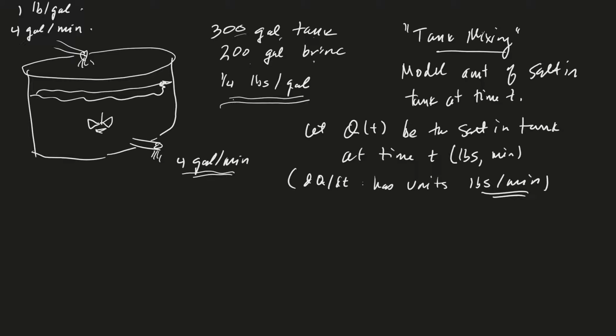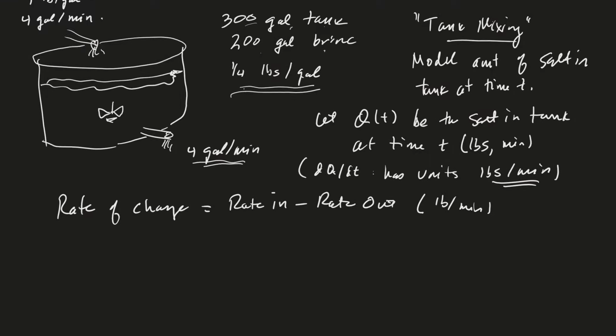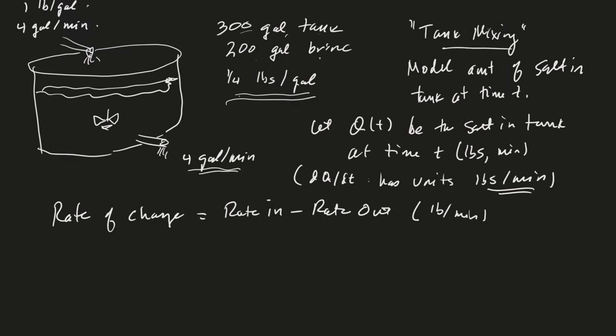The way the salt changes is pretty common: the rate of change overall is going to be equal to the rate in minus the rate out. Again, that's going to be pounds per minute. Good.